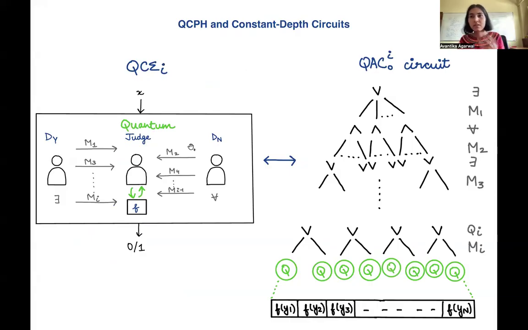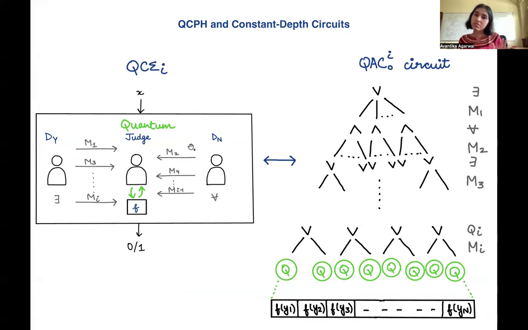Now we'll use a similar method for the quantum classical polynomial hierarchy. Suppose we have some QC sigma i protocol. We have a quantum judge who receives these i messages from the two debaters, and then makes a decision. We can convert these QC sigma i protocols into a different type of circuit, which we call QAC0 circuits. What do these circuits look like?